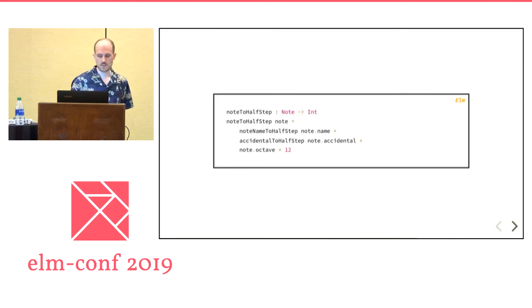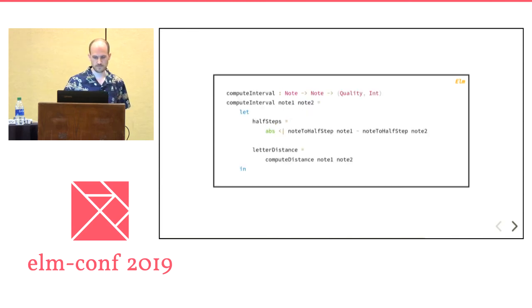So notice here it's not by 7, it's by 12 because there's 12 unique keys on the keyboard. And likewise, we can keep going here just like our other function. Now we just need these 2 pieces of information. We have the half-step count and the letter distance count. And these 2 pieces of information will give us exactly what this is.